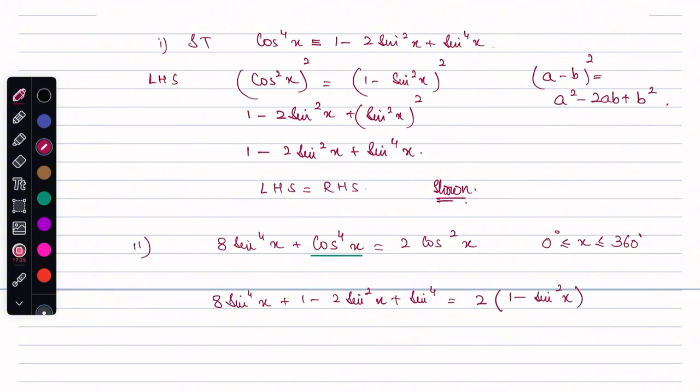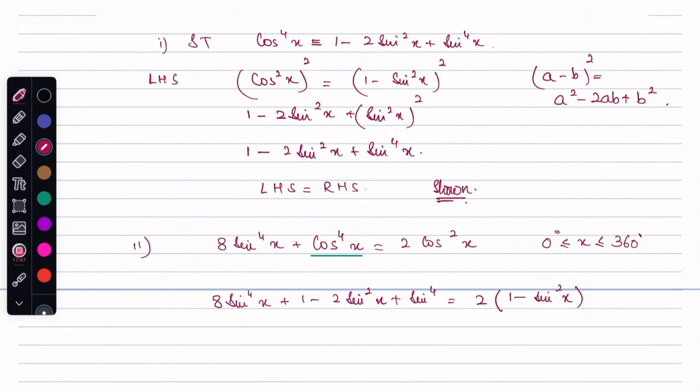The reason that I am replacing cos^2 x by sin^2 x is that if we need to solve the equation, then the entire equation needs to be in the form of one trigonometric ratio so that it can be solved easily. So here I can see that the entire equation now is in terms of sine. Therefore, I should be able to solve it easily then.